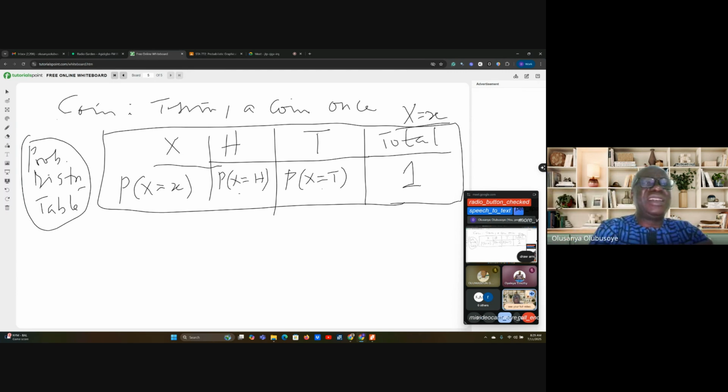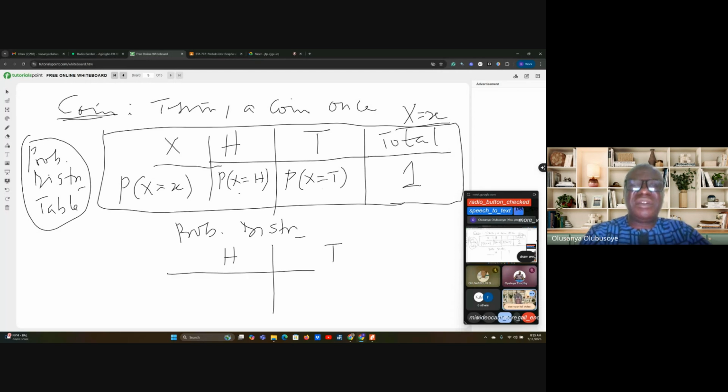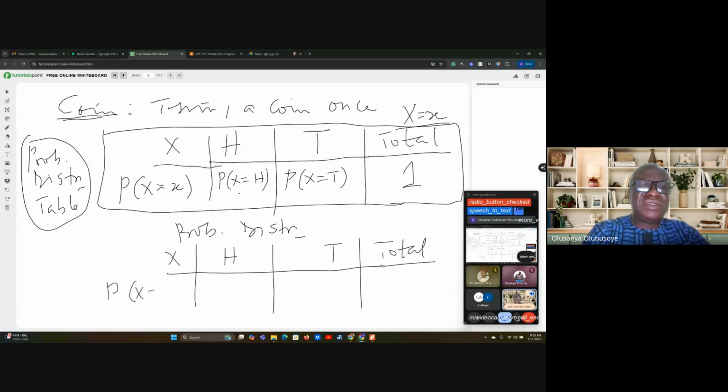So in this particular case of tossing a coin, we can now have the probability distribution table. So for head, for tail, this is X, this is total, and then we can now have probability of X. So what is the probability of head appearing?